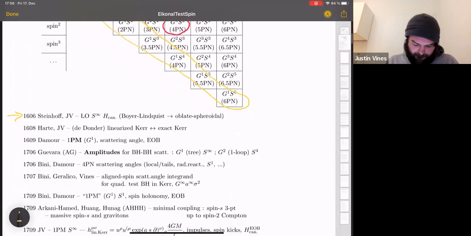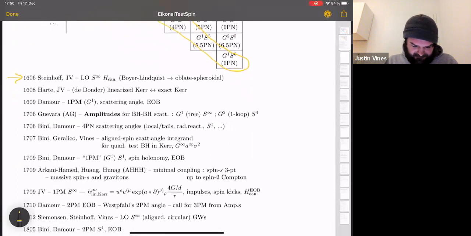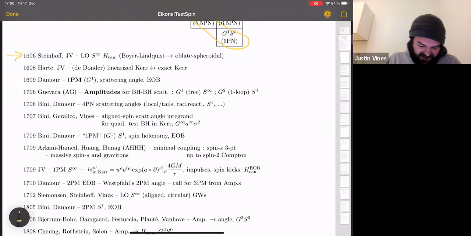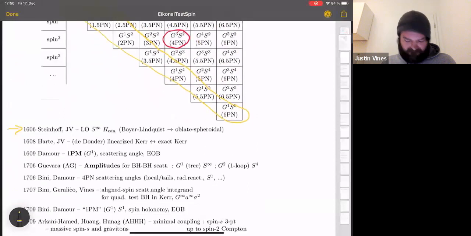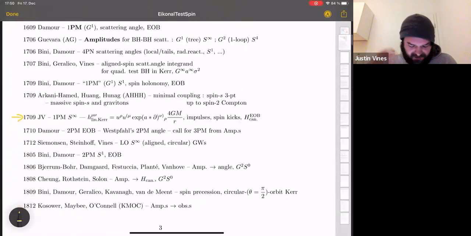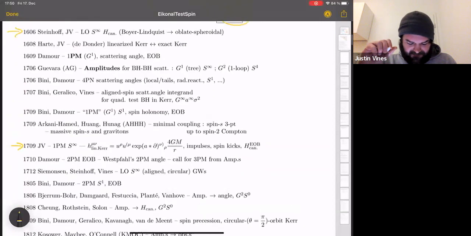And let's see, eventually here, that was done for post-Minkowskian, that same yellow thing. And many works since then have contributed to better understandings of that in different ways.